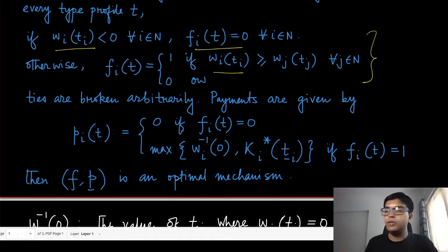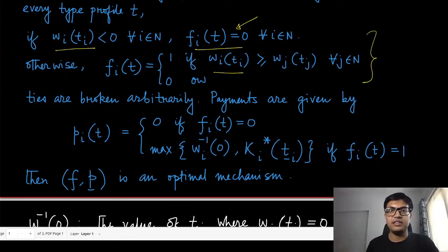So payments will be given by, now we will have to take care of both these cases. The first case is where all the virtual valuations are negative, so we'll have to first look at whether the virtual valuation is positive or not. And the second case is whether that valuation, so among multiple agents, we should be able to give it to the agent who has the highest virtual valuation.